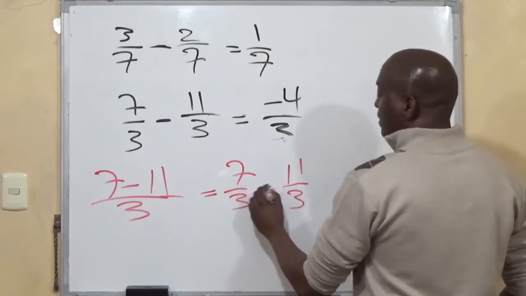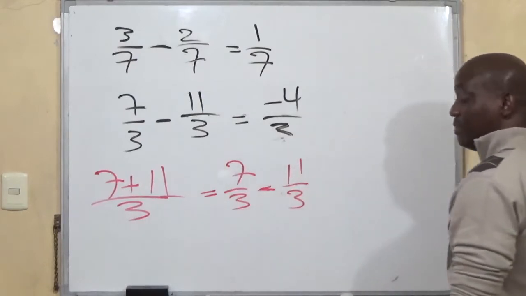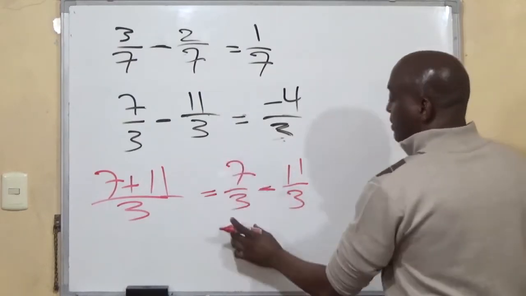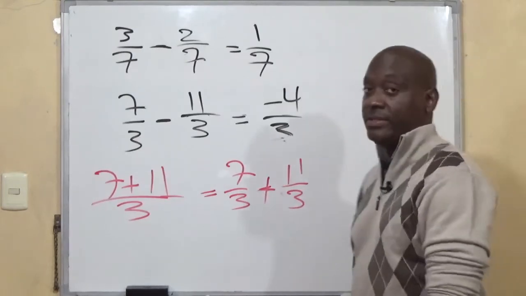And by the same token, if you were adding, if it was 7 plus 11 over 3, then you do the same thing. You say 7 over 3 plus 11 over 3, and you get the 18 over 3.